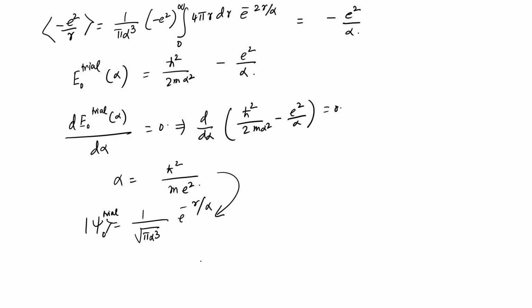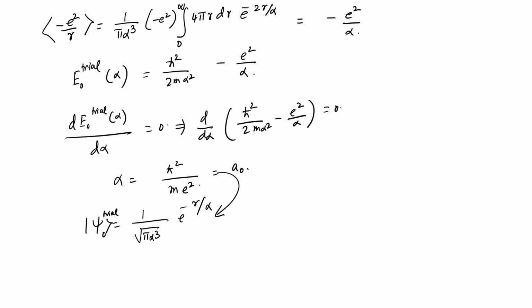Okay. And actually you get a ground state energy which is exact, because you have taken something as a variational parameter. Your a0, the Bohr radius, was actually taken as a variational parameter, and by minimizing the energy with respect to alpha you landed up with an alpha which is nothing but the Bohr radius.